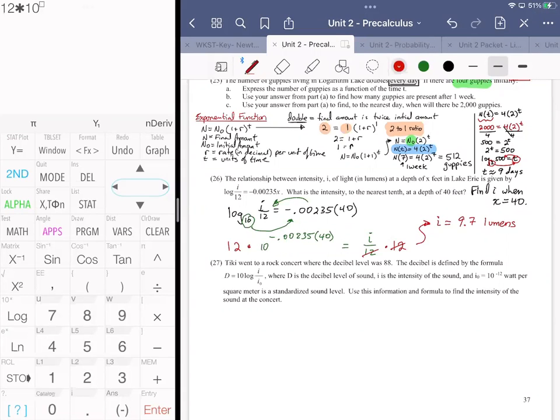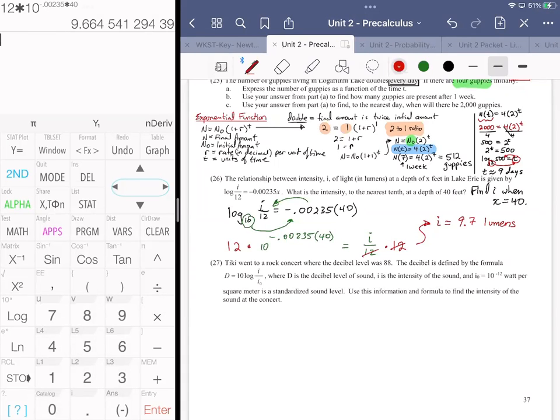All right, but the thing you've got to be careful about with the TI-84s is that there's a different button for a negative than for a minus. So here I want negative 0.00235 multiplied by 40, and it'll spit that value out for you. All right.